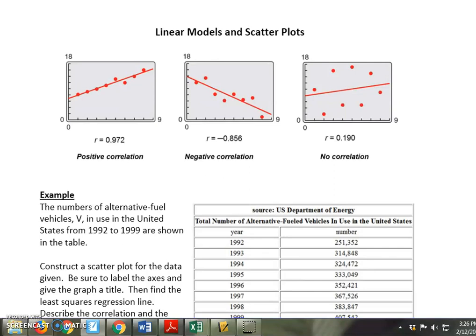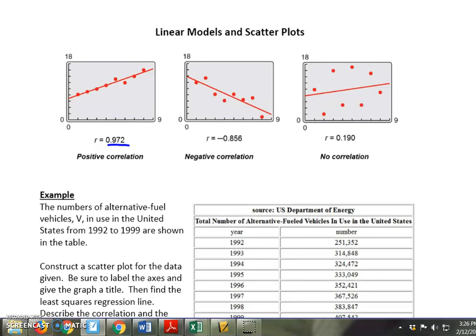That's a positive correlation because our points are going in an upward fashion and they're pretty close to a line. The value of 0.974 means it's pretty strong.